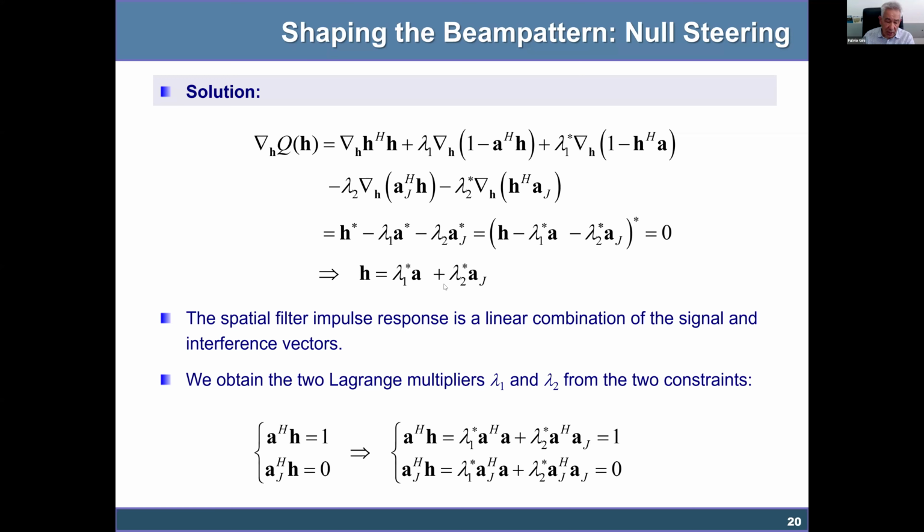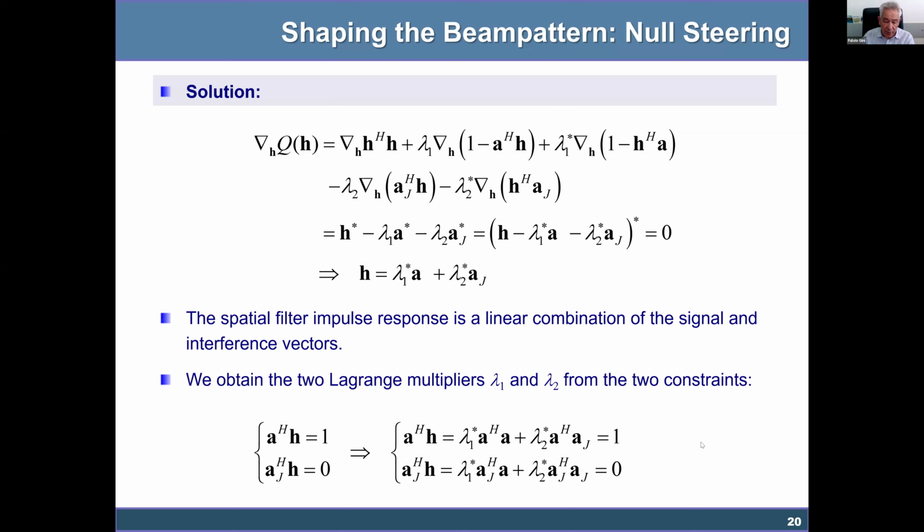How do we find the two Lagrange multipliers? By imposing that the two constraints are satisfied. So these are the two constraints. We replace H with this here, and we impose that the two constraints are satisfied. So we have two linear equations in two unknowns, lambda 1 and lambda 2.